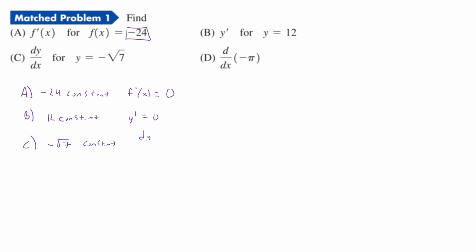And so dy dx is equal to 0. And here, our function is negative pi, well, that's a constant. And so d dx of negative pi is equal to 0. Okay, so in all those cases we have 0 as our derivative.